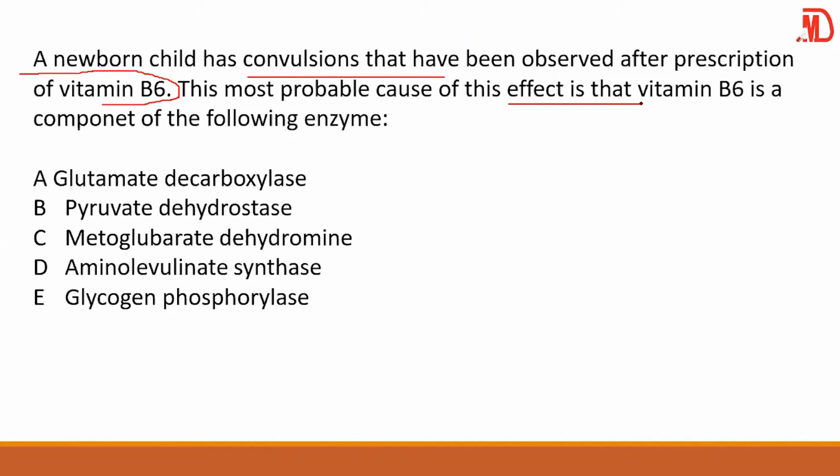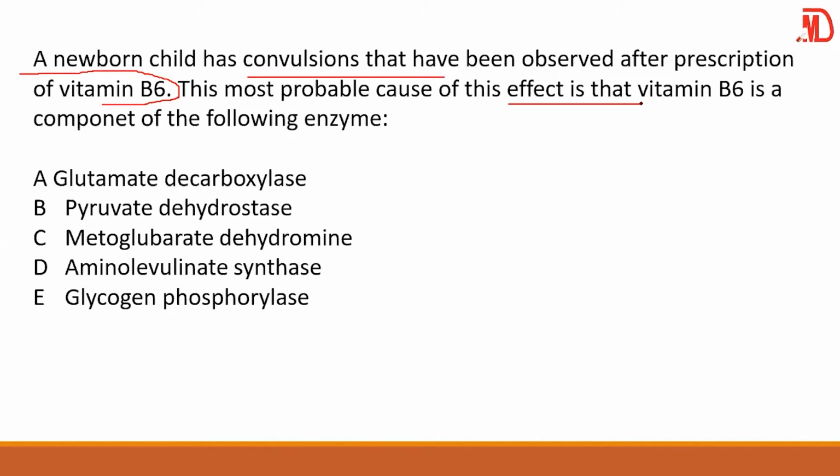Don't forget, convulsion has to do with GABA, gamma-aminobutyric acid. That's the full name. So when GABA is lacking, it causes the brain to function that way, to be seizing and going through spasms.